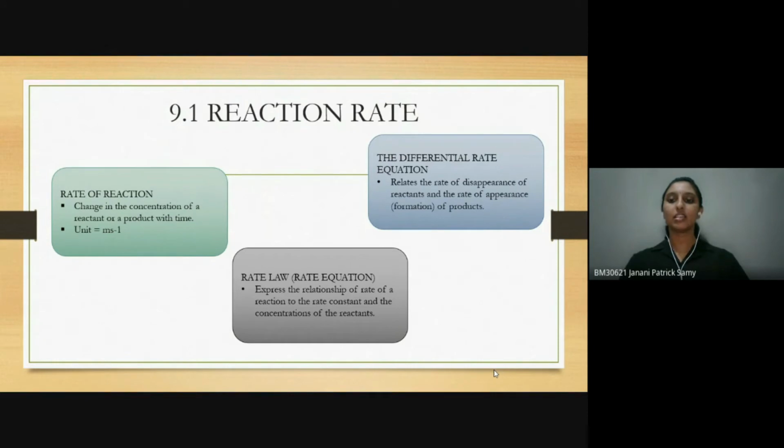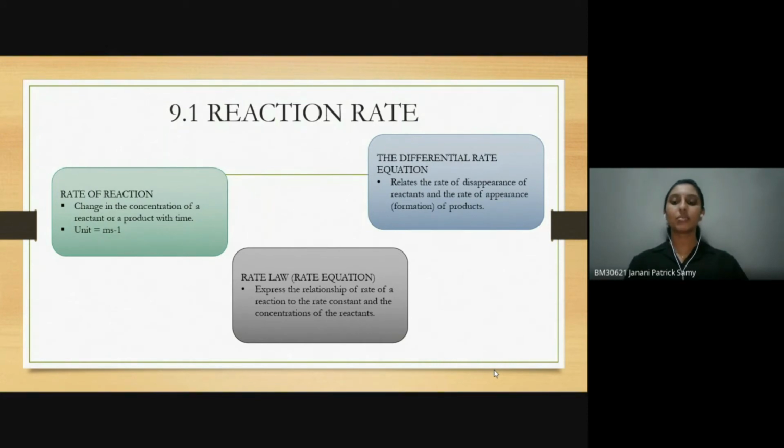The second is the differential rate equation. A differential rate equation relates the rate of disappearance of reactants and the rate of appearance, which is the formation, of the products. And the third is rate law, which is the rate equation.